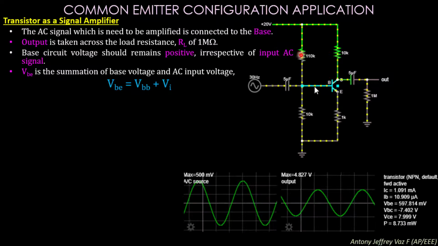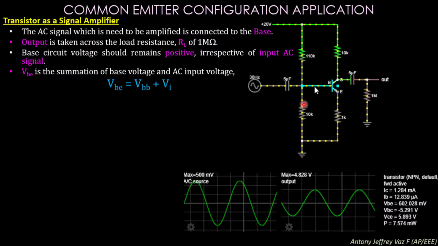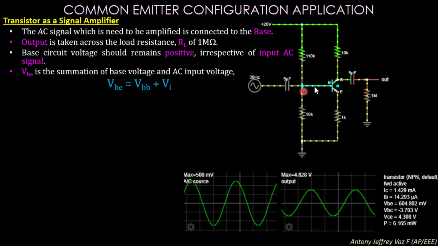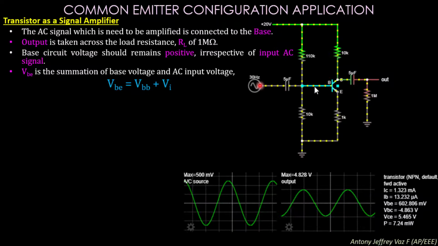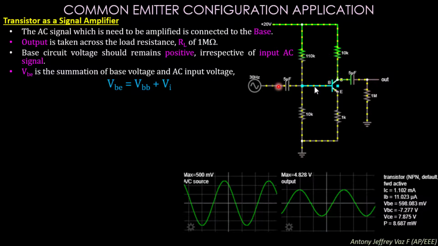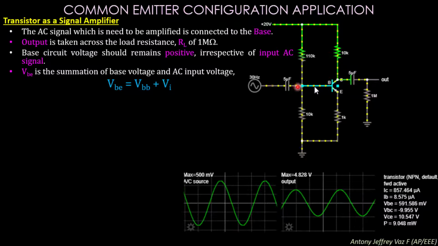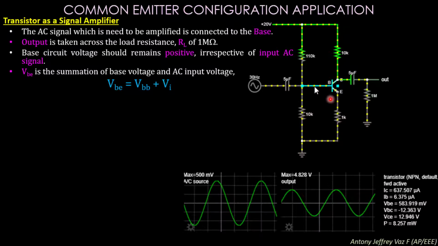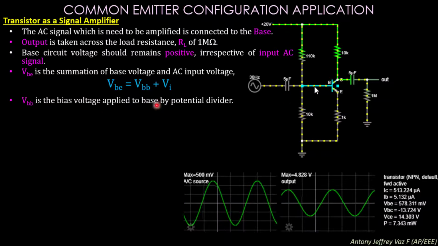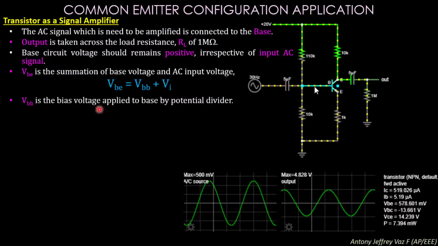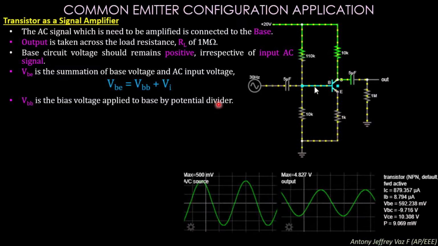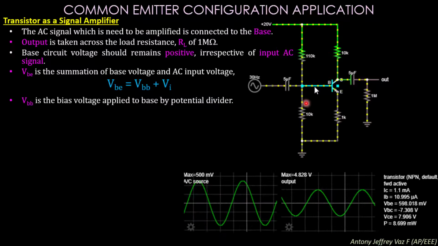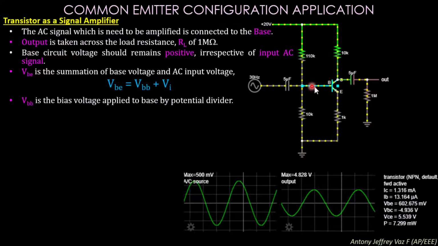The VBB, this potential divider output voltage, plus the input voltage from the signal is added up and converted into the base emitter voltage. So VBB is the bias voltage applied to the base by the potential divider. So the output of the potential divider is taken out.